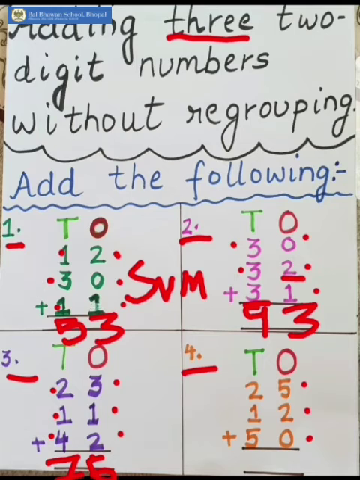So keep the bigger number in your mind, that is 5, and count 2 times on your finger. So count along with me, 6 and 7. So what you get after adding 5 and 2? Yes, it is 7. Now the next and the last digit is 0. So now you have to add 0 with the 7.